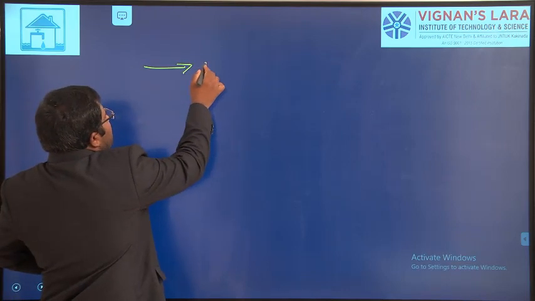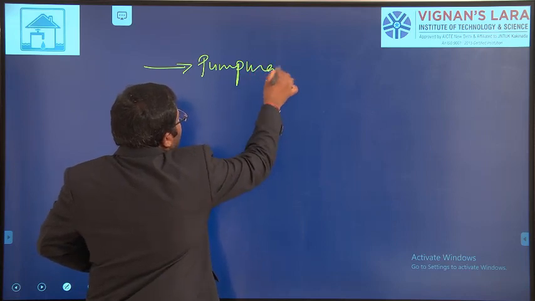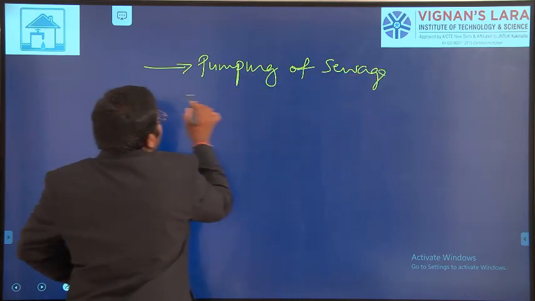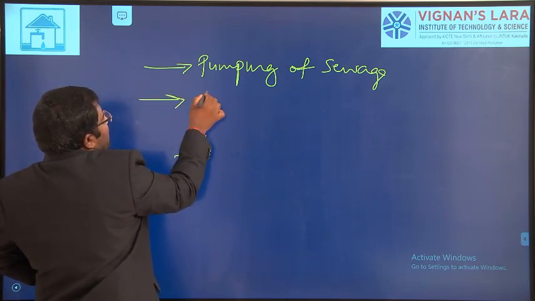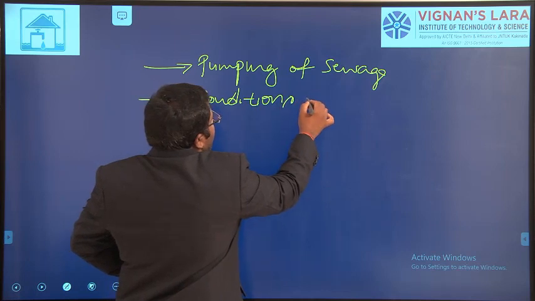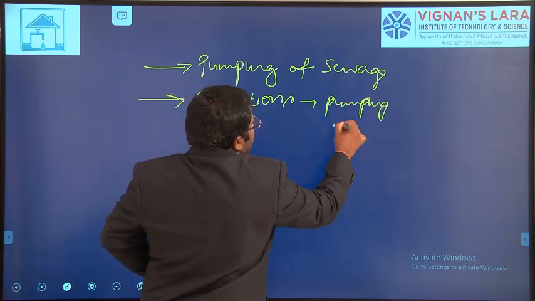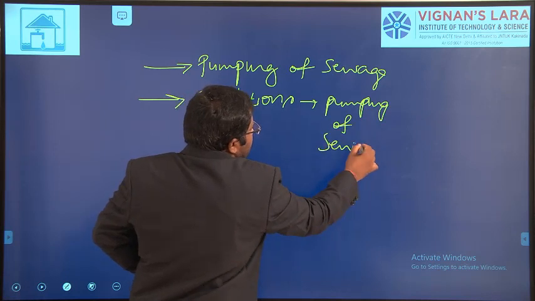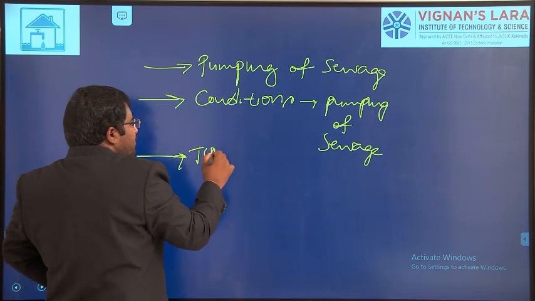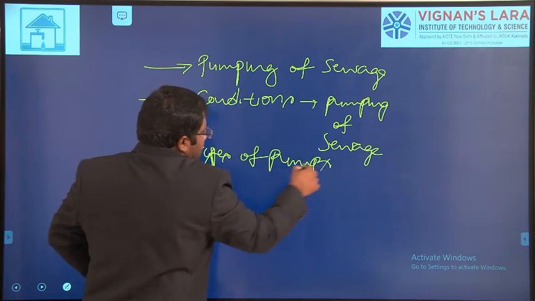Till now in this unit we saw what pumping of sewage is, what the conditions are that require pumping of sewage, and what the types of pumps used for sewage pumping are.